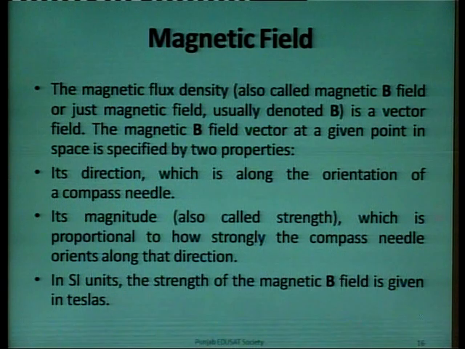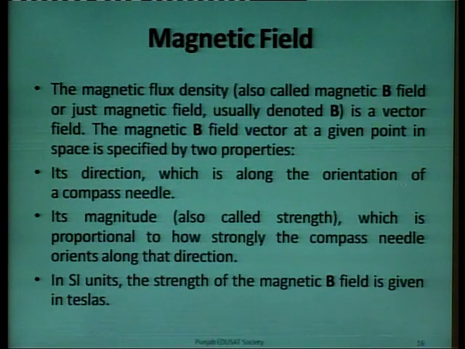So, the magnetic field can be specified by two properties: first the direction, and second the magnitude. The direction is along the orientation of a compass needle. Second is its magnitude, also known as the strength of the magnetic field, which is proportional to how strongly the compass needle orients along that direction.